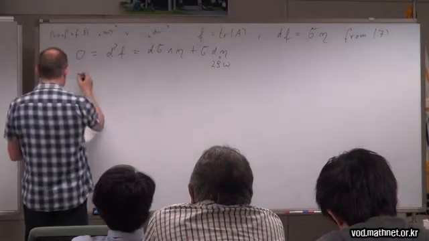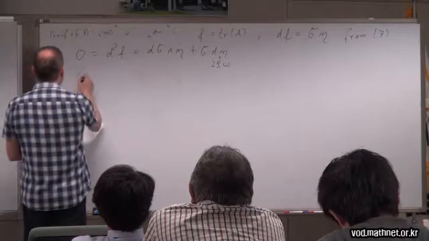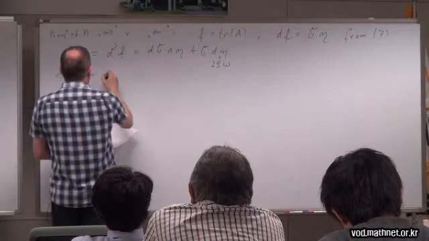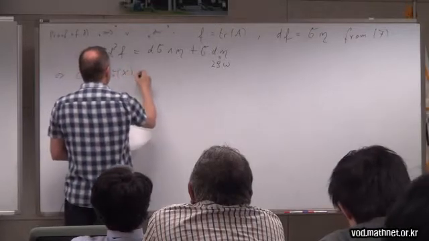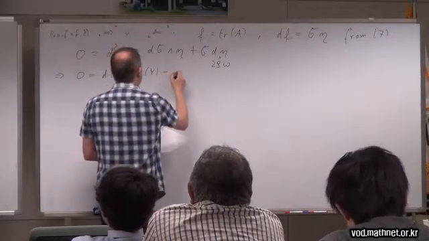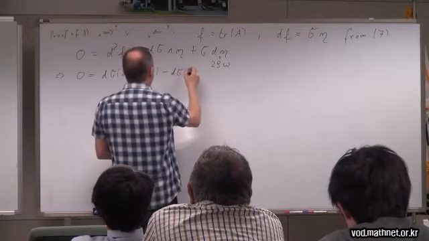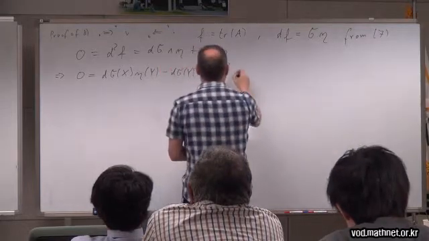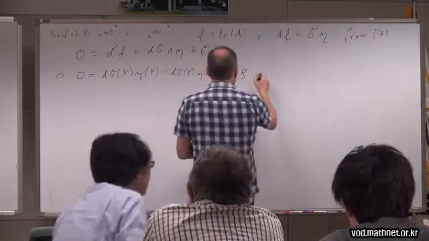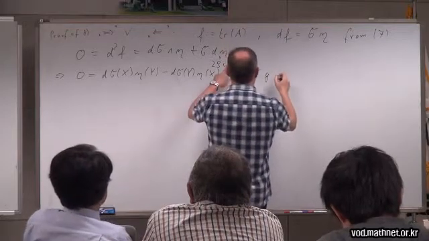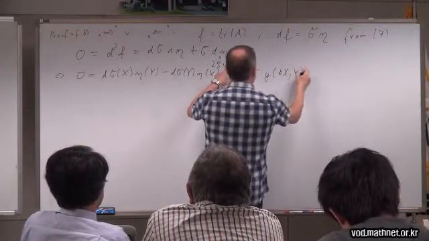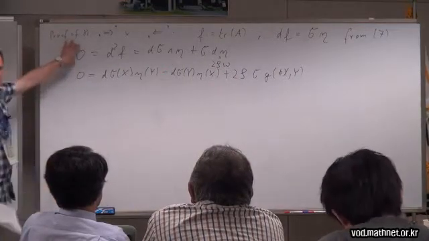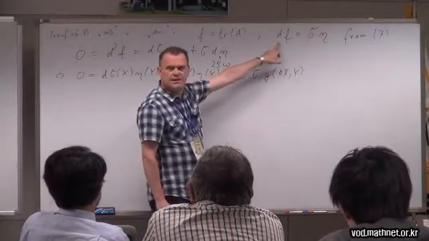So let's write down what this means. 0 is equal to d sigma of x times eta of y minus d sigma of y times eta of x plus 2 rho times sigma times, this is the fundamental 2-form, g of phi x, y. So this is the equation we get from differentiating this.